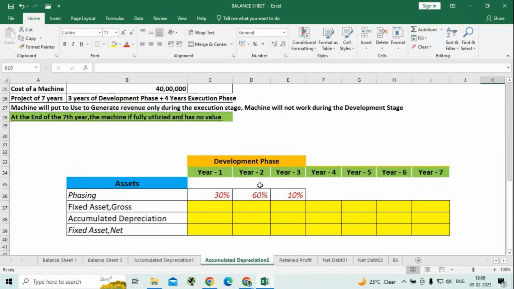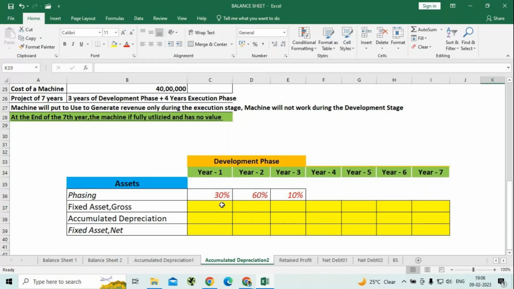It is not going to get installed at the same time, so it is going to take some time. So for the total project, the tenure is 7 years. In that, 3 years will be the development phase and 4 years will be the execution phase. So for the first 3 years, you are not going to consider anything as a calculation.